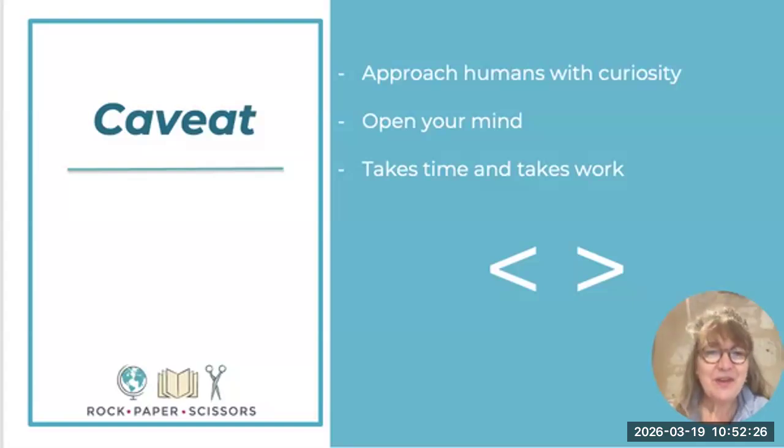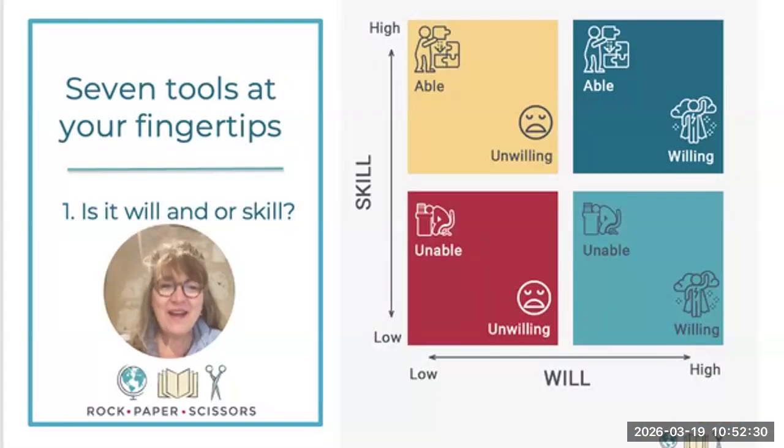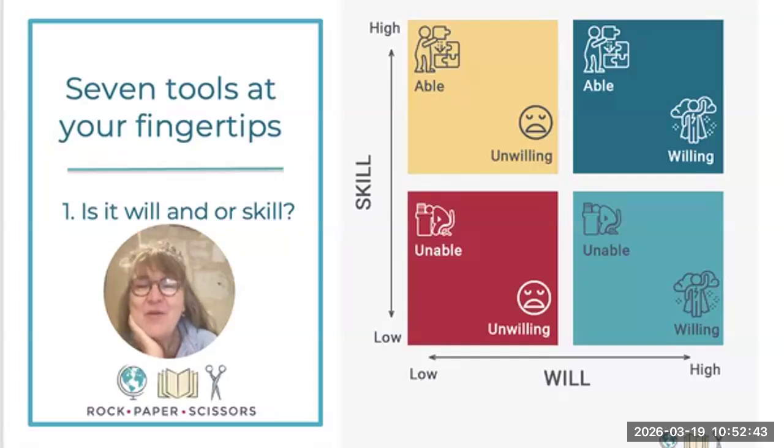Okay, so let's dig into the 7 tools. So one, this is a diagnostic tool, and it's called the will or skill tool. Some of you might have seen this before. It's so helpful.